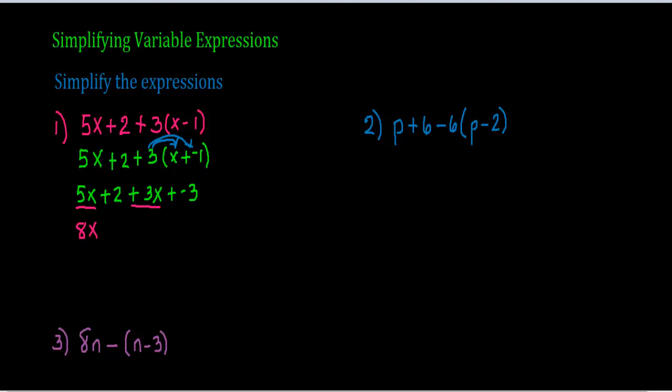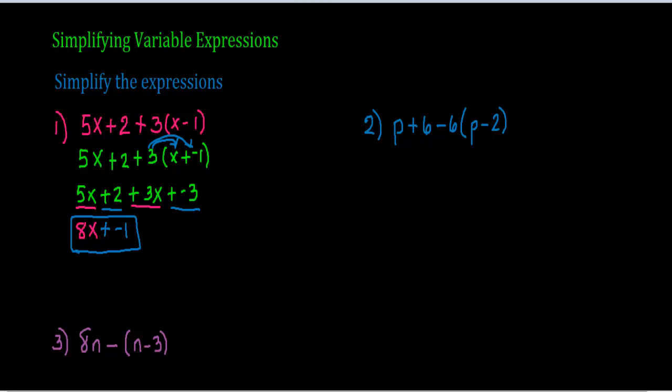And then what other like terms do I have? I have a plus 2 and a plus negative 3. So I have 2 plus negative 3. Different signs, subtract, keep the sign of the higher number. That's negative 1. So this becomes plus negative 1. And that's your answer. You can't add 8x and negative 1 because they're not like terms.